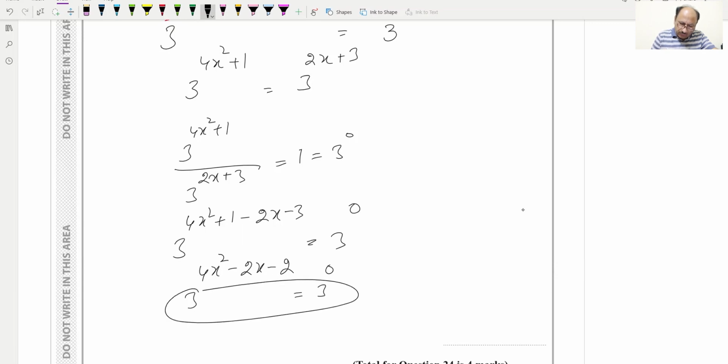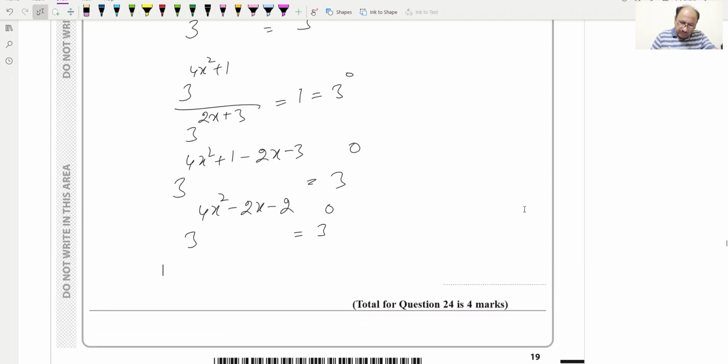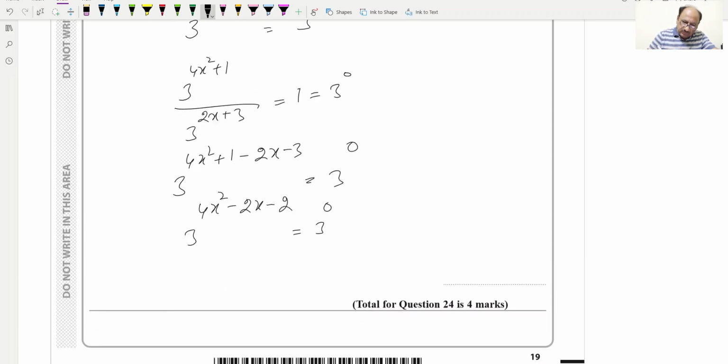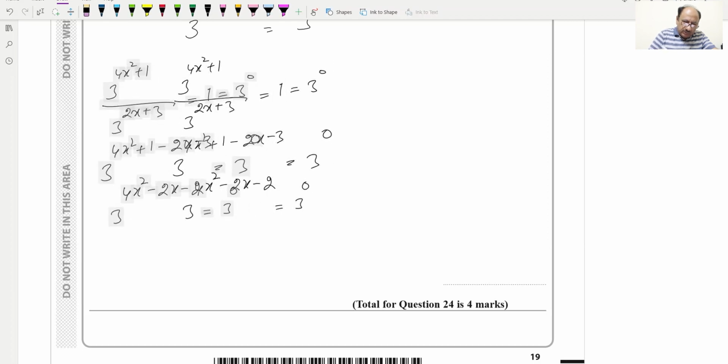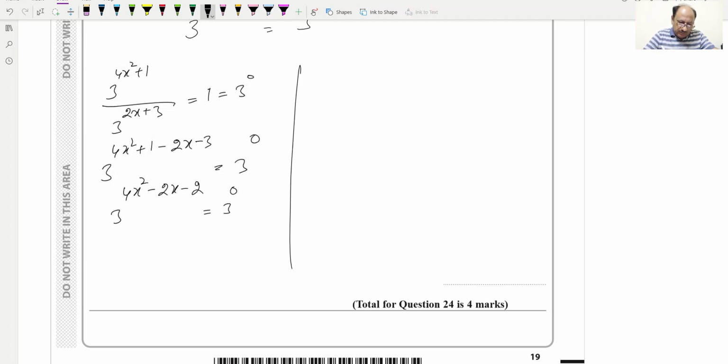Bases are same, so their powers can be compared, and we can write here 4x squared minus 2x minus 2 is equal to 0.